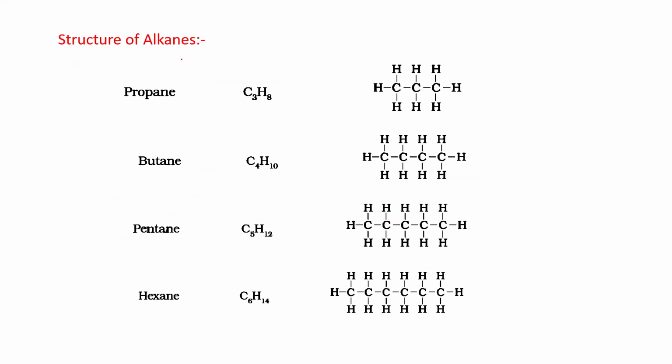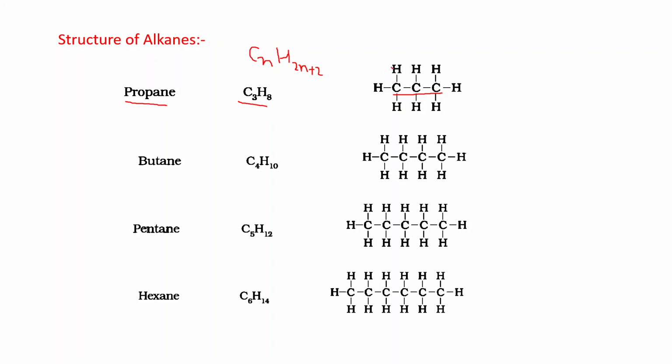Now, the structure of alkanes like propane, C3H8. First of all, from the formula CnH2n+2, we can say that this C3H8 belongs to the alkanes, and there is a single bond between carbon-carbon. That's why first draw single bonds between carbon-carbon and satisfy the remaining valency of carbon with hydrogen.